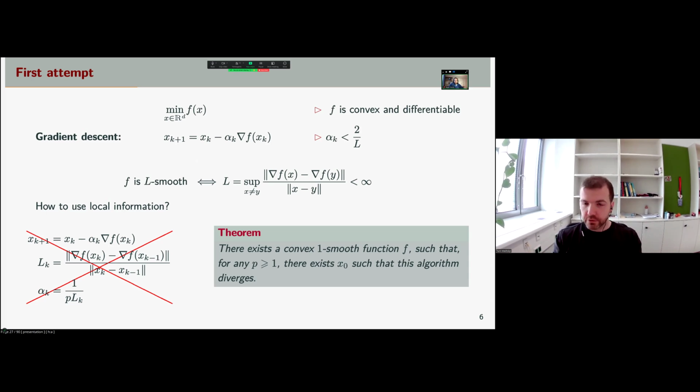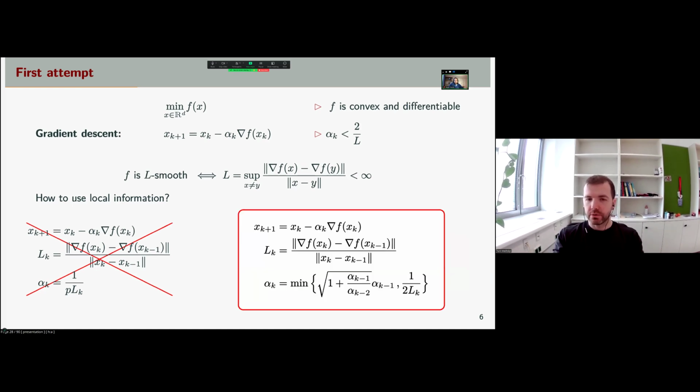But the algorithm we proposed is actually super close to the one on the left that doesn't work. It's in the red box, and if you compare them, the first 2 lines are exactly the same, and only the third line is different: how we define the step size alpha_k. The only difference is this red term, which tells us that we can increase alpha_k, so alpha_k can be larger than alpha_{k-1}, but we have to control how fast it increases.